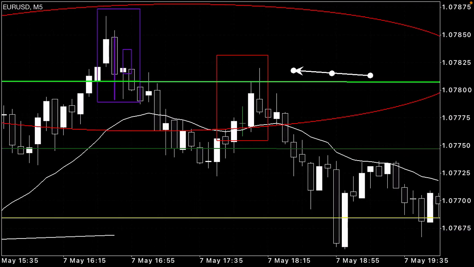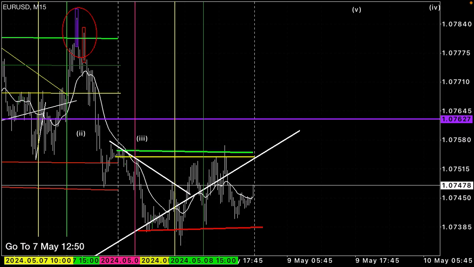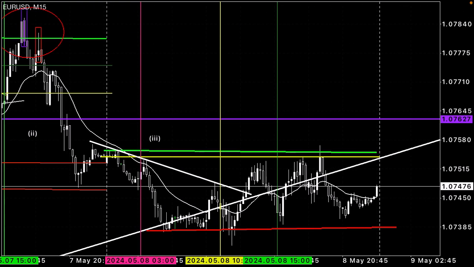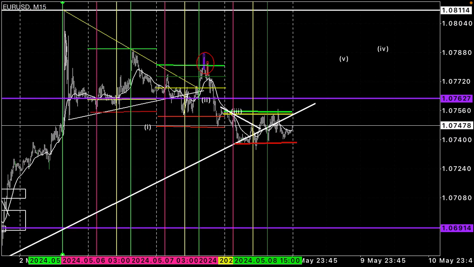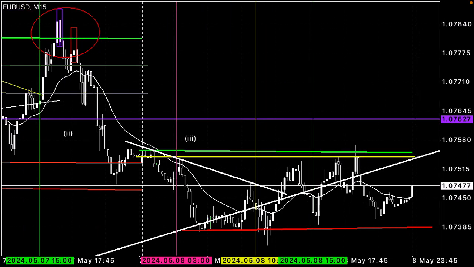So, a re-entry to add more to the trade if one wanted to. Anyway, get rid of that arrow and then shrink it back down to the 15. And just keep an eye on the markets. It looks like we had another lower low. Nope, no lower low.